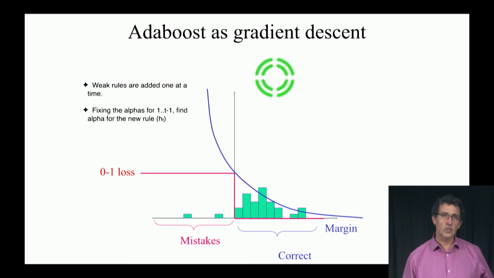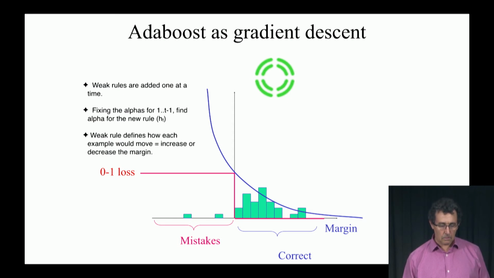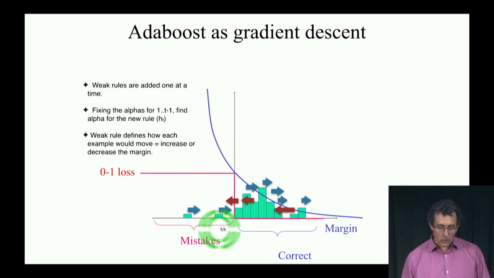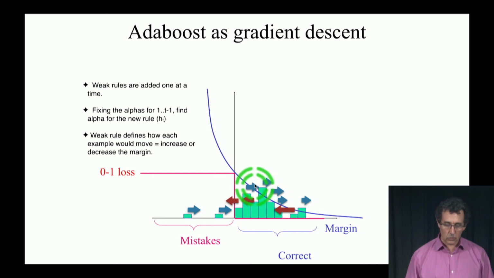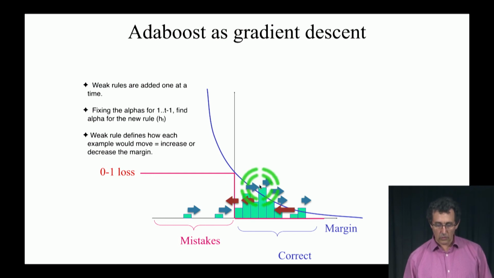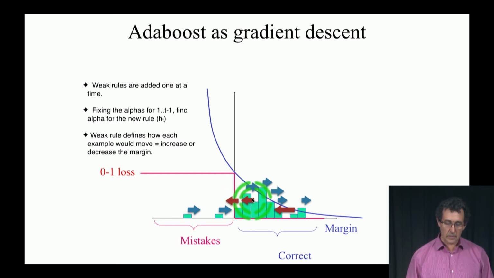Okay, so we're not changing the weights on the rules from before. And the weak rule defines how each example should move to increase or decrease the margin. So what we're showing here is how each example would move. It will move in the direction of correct or direction of incorrect. That depends on the weak hypothesis.